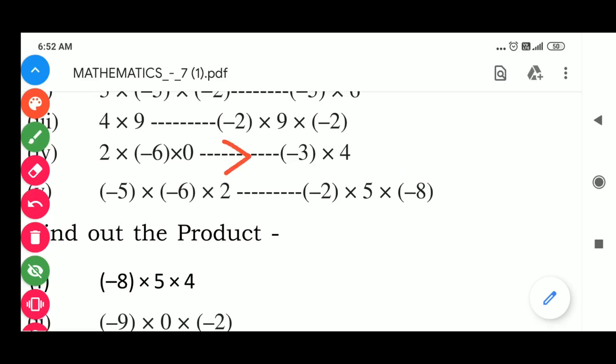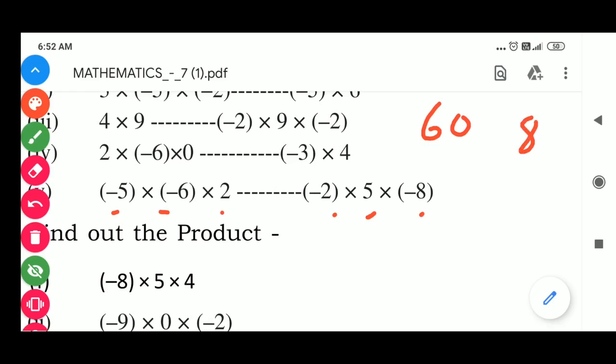Finally, in the fifth question, 5 sixes are 30 with positive sign, and 3 twos are 6, that means the first is 60. Multiplying both of these, 60 came. And here 5 twos are 10, and 10 eights are 80 with plus sign.